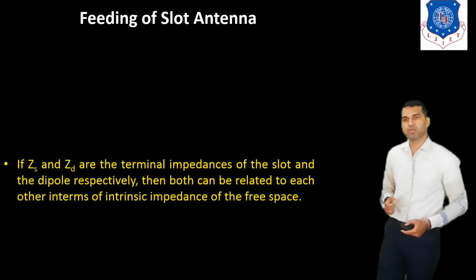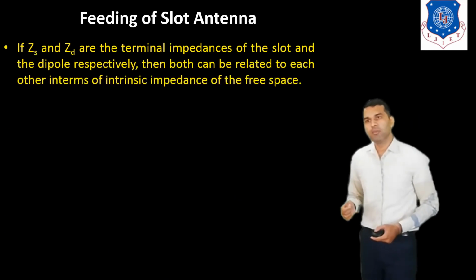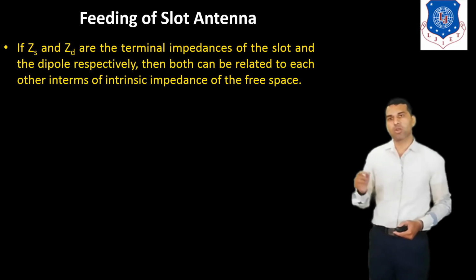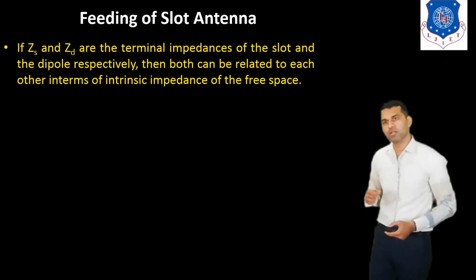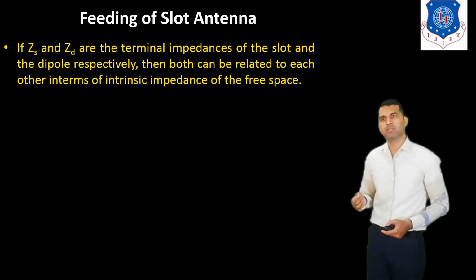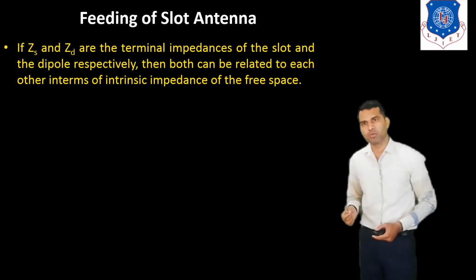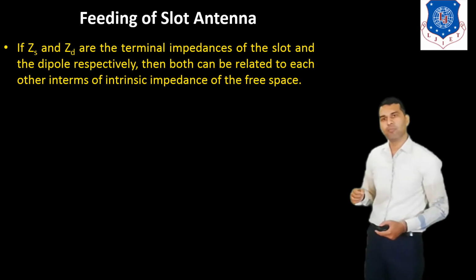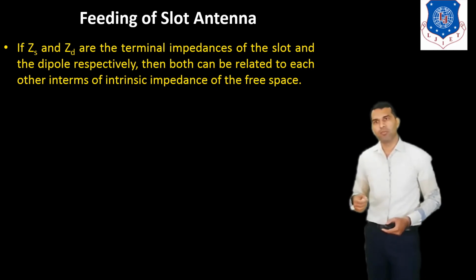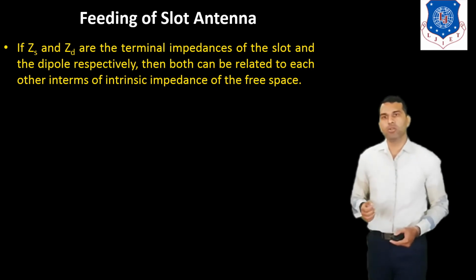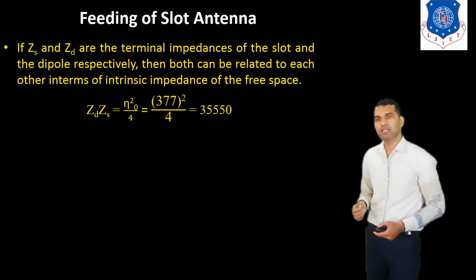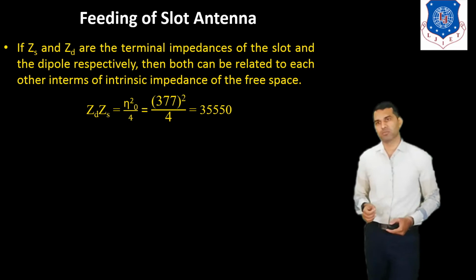Now the impedance relation of the slot antenna. If ZS and ZD are the terminal impedances of the slot and the dipole respectively, that means ZS is the terminal impedance of the slot antenna and ZD is the terminal impedance of the dipole, then both can be related to each other in terms of the intrinsic impedance of free space.